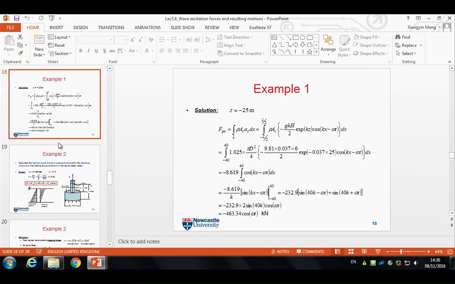Okay, come to me after lecture. Thank you. I will change this example because I lost the ideal mass term. The second question is, this is 1.025, not 1,000, right? That is the density of sea water.